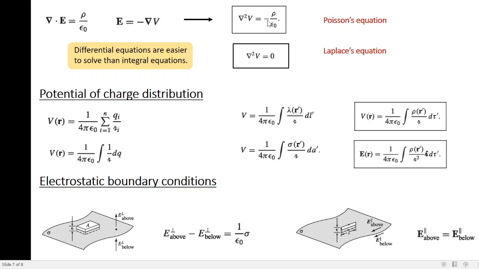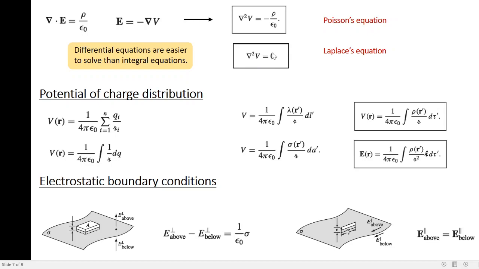Now in the special case where the charge density is 0, for example, in the case of insulators or dielectrics, especially when you talk about optics, because one of the important applications of electromagnetism is in the field of optics. And most of the optical elements are made of glass, which is an insulator where the charge density equal to 0. So in such cases, this equation gets simplified as del square V equal to 0.